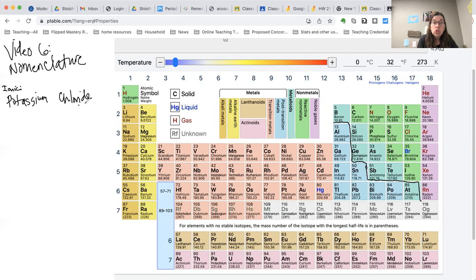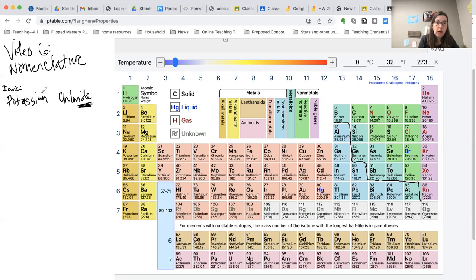And we will change the ending of the name of the element that becomes a negative ion to end in -ide. That's what tells you it's becoming a negative ion, because notice here, chlorine becomes chloride. If it were bromine, it would be bromide. Oxygen becomes oxide, nitrogen becomes nitride, and so on.